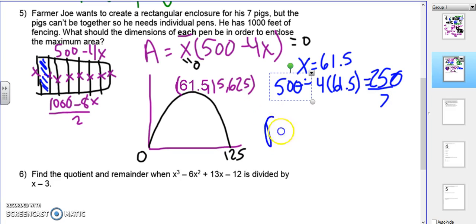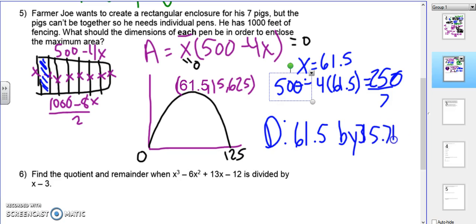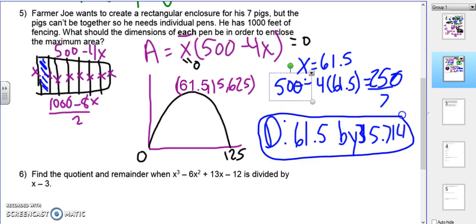And then that's going to be the dimension. So 62.5 by, so 250 divided by 7 is 35.714. So those are the dimensions of one single pen.